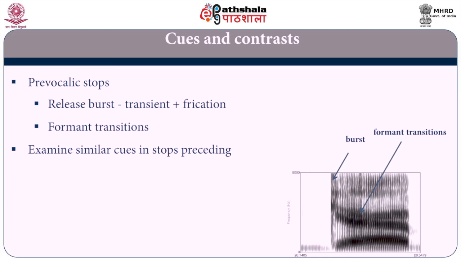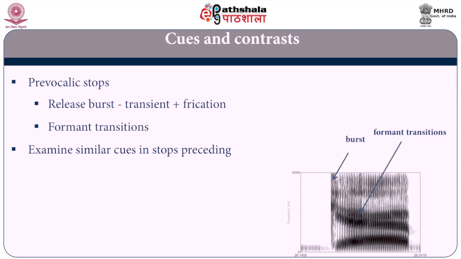There is a formant transition happening. But the way this burst and formant transition organize themselves differs for different syllables. So you can go and look at a spectrogram to see how pl is different from, say, cl or whatever, right?